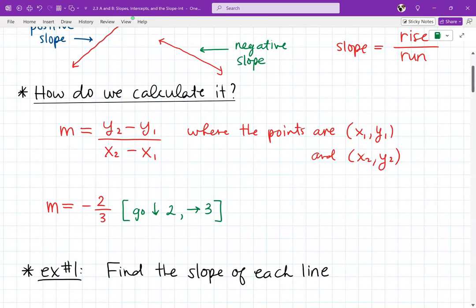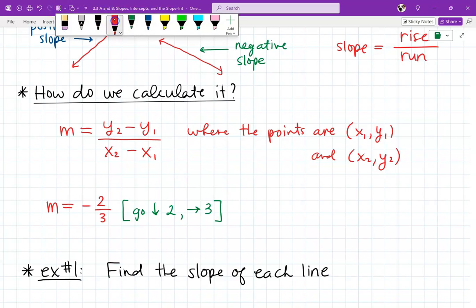Whenever we say rise over run or fall over run, we always run right. Always run to the right side. I'm sure you guys remember that. But the negative will tell you either go up or down. If the negative is there, you go down. If it's a positive, you're going to go up.